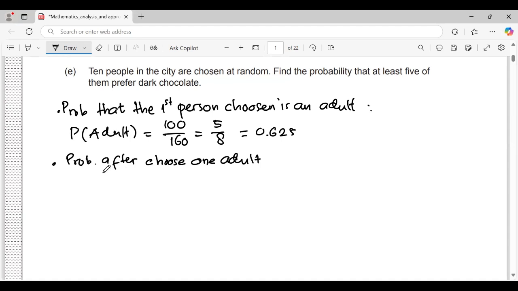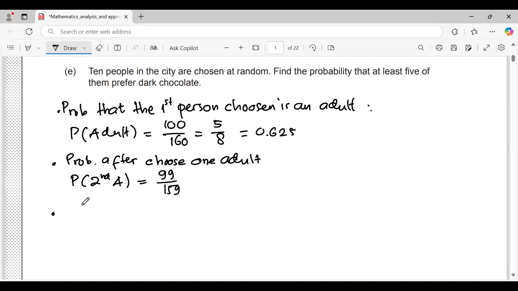So the probability the second person is also an adult is 99 over 159.